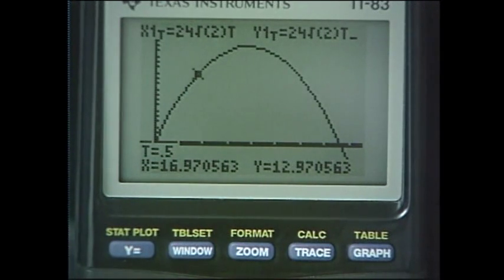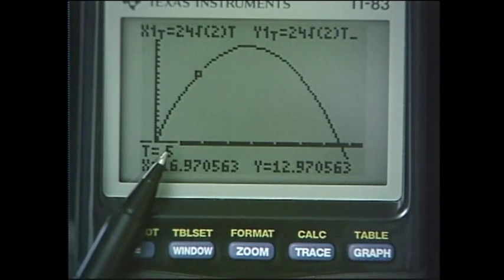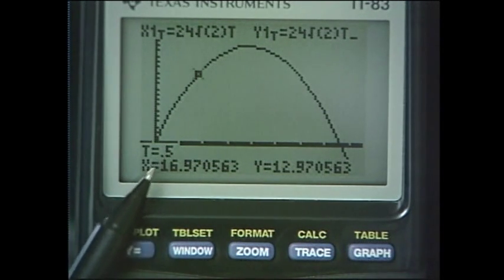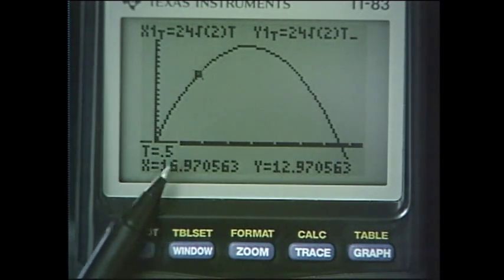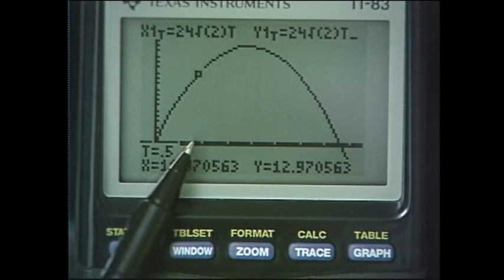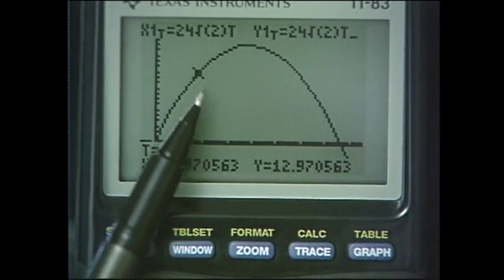Now, remember, we projected an object at 48 feet per second on an angle of 45 degrees, and we're saying from the graph that after 5/10 of a second has elapsed, that object is 16.97, or approximately 17 feet downrange, or 17 feet horizontally from the point of departure, and the object is 12.97, or approximately 13 feet off the ground.